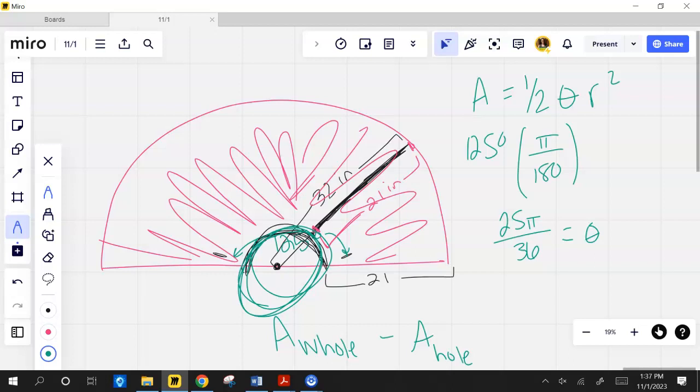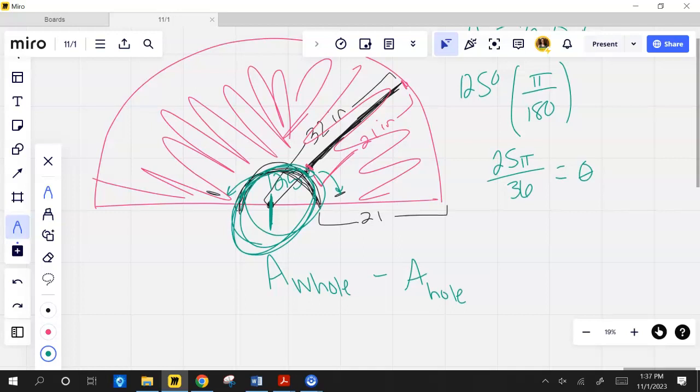The whole. Okay, so if you just do 21, remember it's measured from the center. So if you were to do 21, it would start here and measure to 21 here and give you the area, which is not going to be the same as if you take the big whole thing because the area differs so much because it's a circle as you go out. All right, so let's do the whole area first.